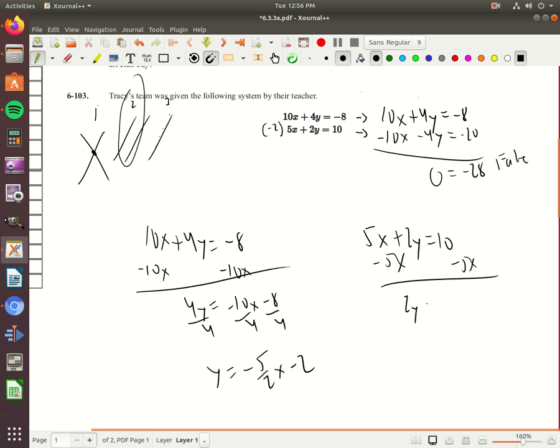We get 2y equals -5x plus 10, divided by 2, and y equals -5/2 x plus 5. So you can see, yeah, they are parallel lines. They have the same slope but different y-intercepts, so they will run next to each other forever and never touch.